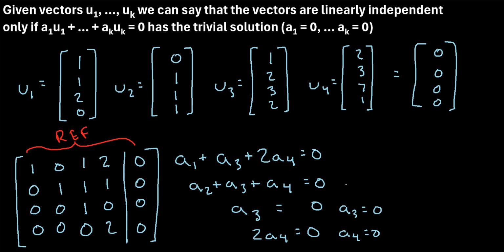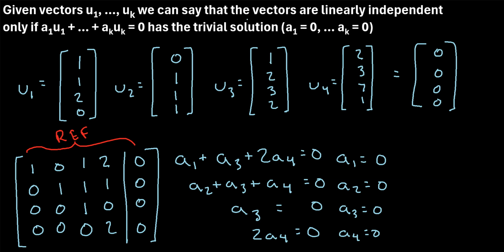Well, a2 would also have to be 0. And lastly, we found a4 is 0, a3 is 0, so a1 would also have to be 0 for this equation to be true. So we can see that the only solution to this system of equations is the trivial solution, or in other words, all of the coefficients a1 through a4 have to be equal to 0.